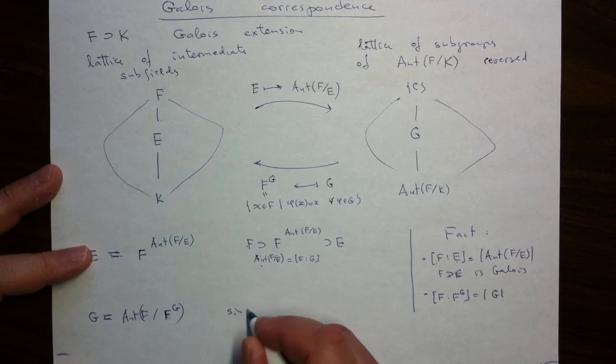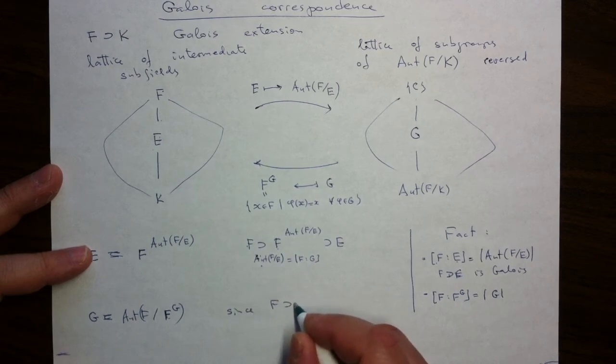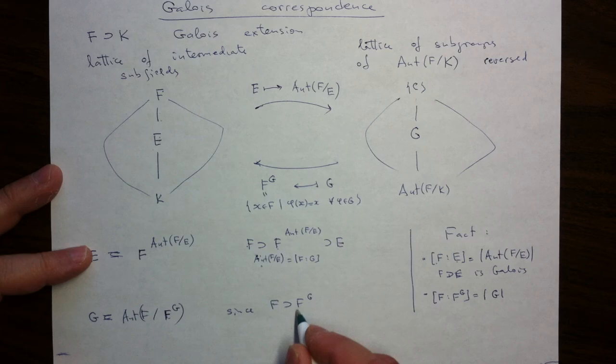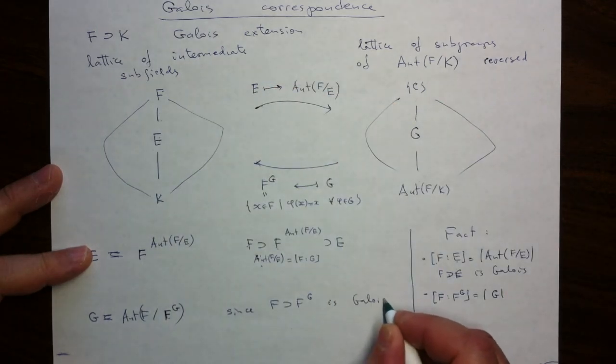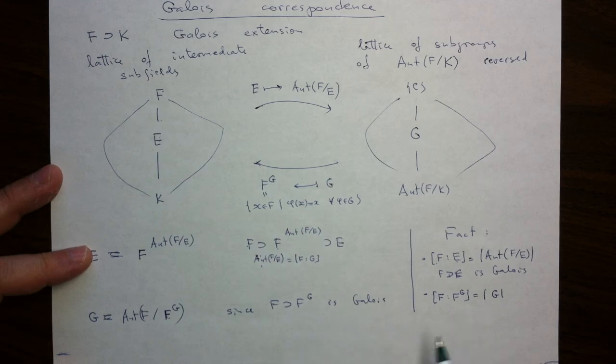So let's first observe that again this extension of F extending something in the bulk is Galois, and so the degree is equal to the order of the automorphism group, but also the degree is equal to the order of the group G, and so the G and the automorphism group will have to be the same. So that's it. Let me write it down.